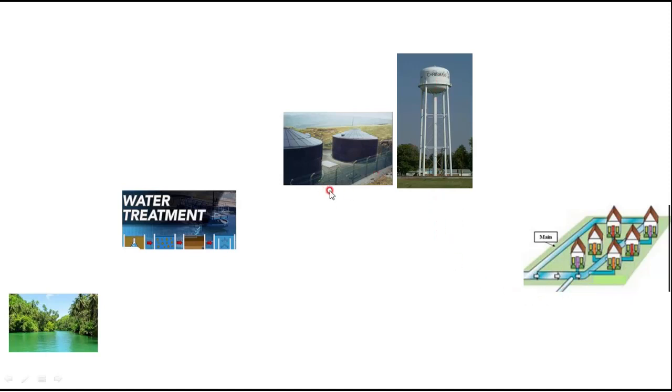Then you pump the water to the overhead tank and store that clean water there. Then from the overhead tank you supply through gravity only. Only in exceptional cases should you use pumps for the distribution system. Understood? Always for the distribution system, from the overhead tank or service reservoir to the distribution system, it should be gravity flow.